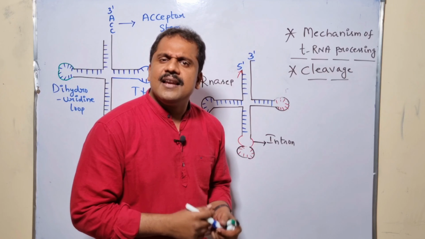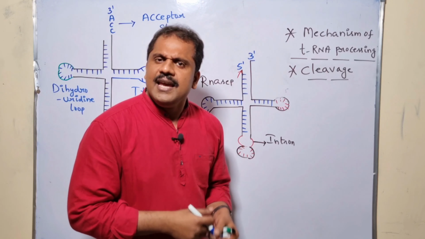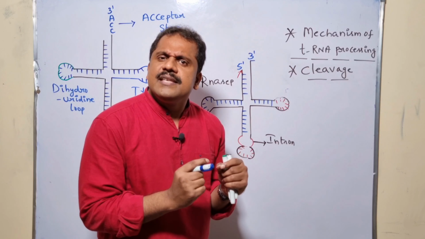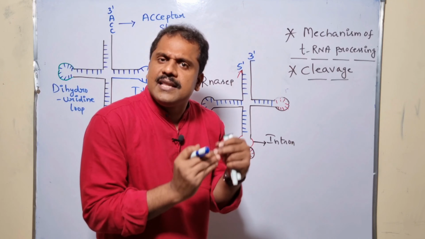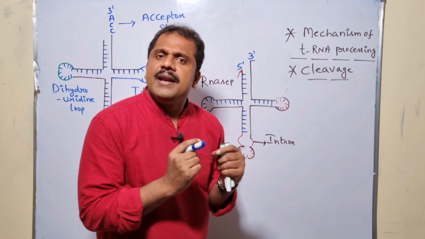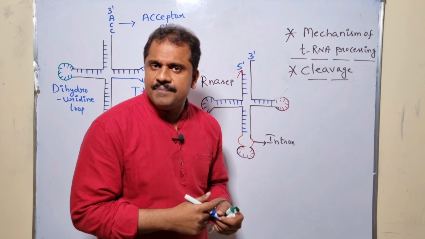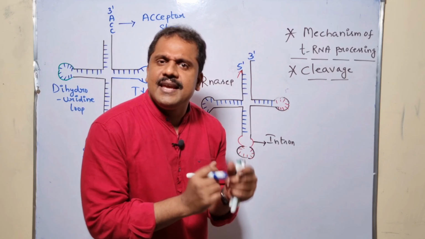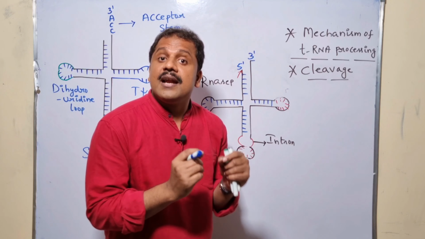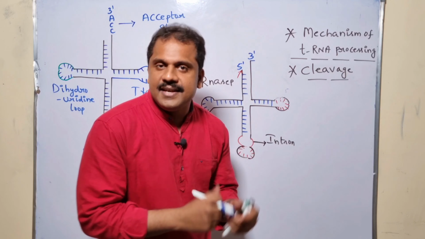If we recall the rRNA processing as well as the mRNA processing, in general the non-coding sequences, the introns, are successfully spliced out by taking the advantage of transesterification reaction. But here the intron which is a part of the tRNA structure won't undergo splicing by taking the advantage of transesterification reaction.